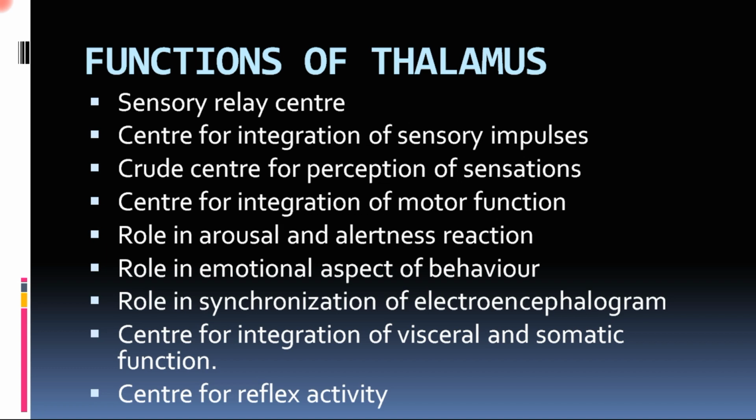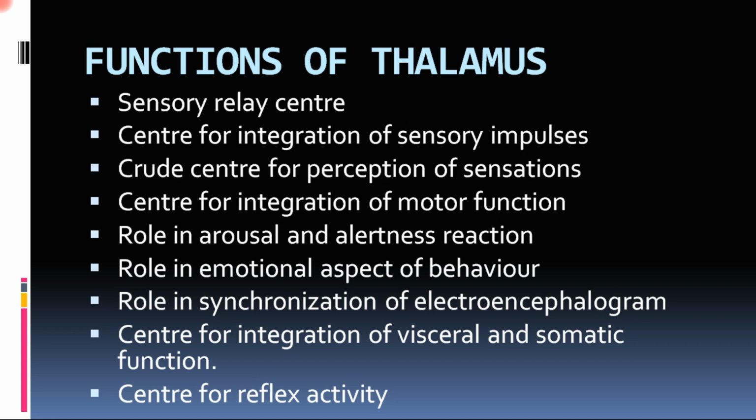Then it is also a center for integration of visceral and somatic function. The somatic function is performed by the cerebral cortex itself, the visceral function is performed by the hypothalamus, and all of the signals go through the thalamus only.